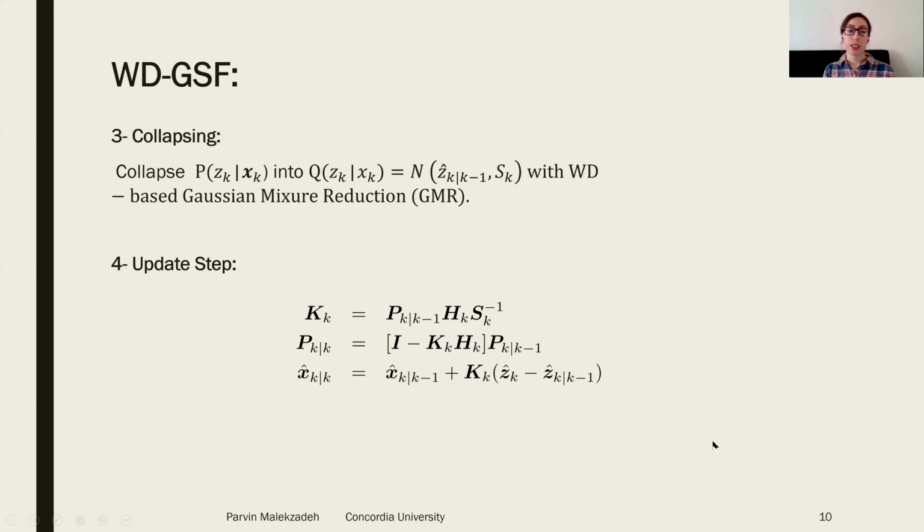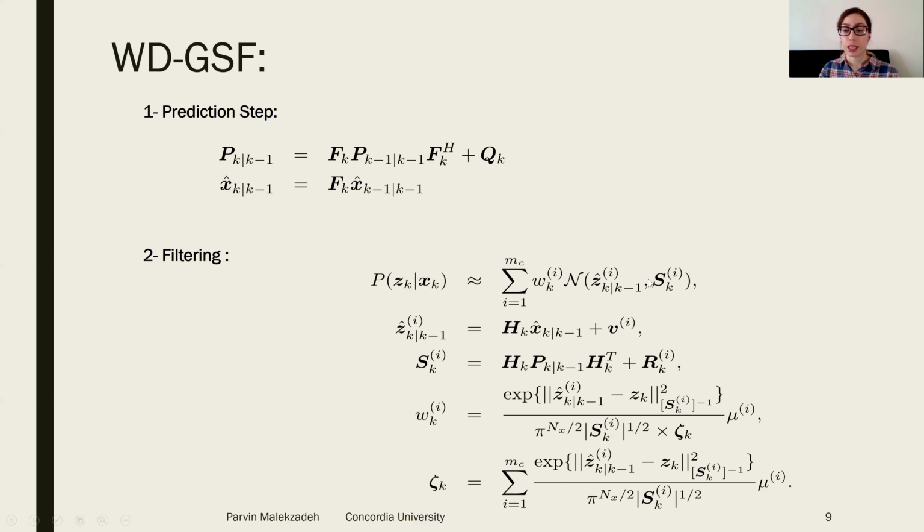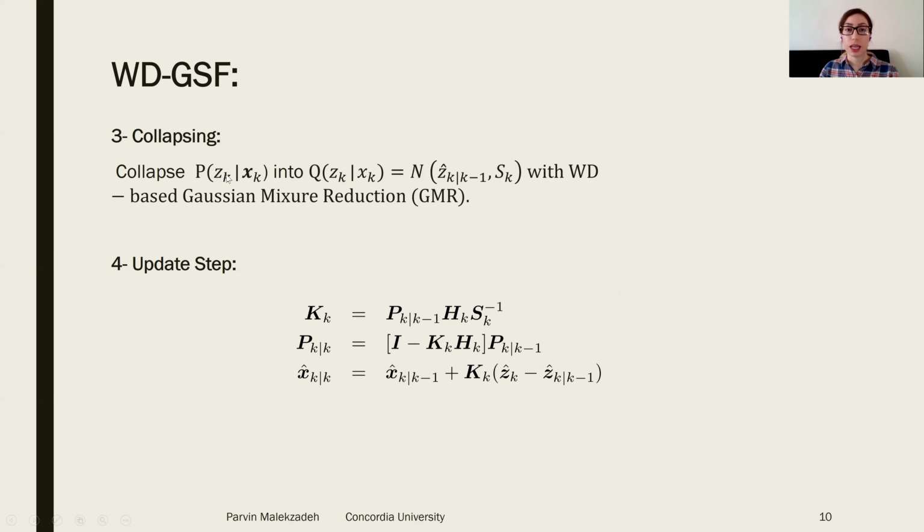The next step is collapsing our likelihood function, p(ZK given XK) in the previous slide. Here it was a Gaussian mixture, but we wanted to collapse that to just a single Gaussian, q(ZK given XK), with this formula. For collapsing, we use the Wasserstein distance based Gaussian mixture reduction.